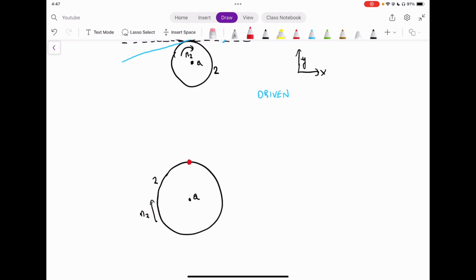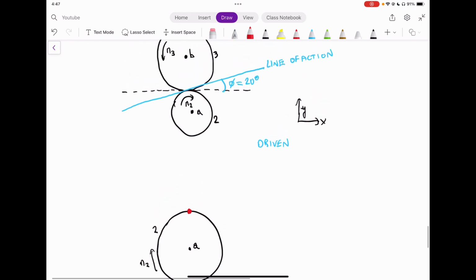Okay, so if you think of the teeth of your gear, and this is where I'm going to try and show you with the highlighter, gear 2 is pushing this way, okay, it's pushing clockwise, that means that it's pushing gear 3 in this direction, in the direction of the line of action. That's the force direction from gear 2 to 3. And gear 3 is essentially resisting that force. So it's actually giving you a force that is in completely the other direction.